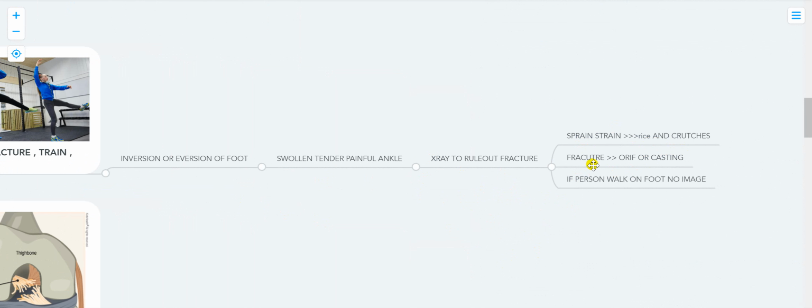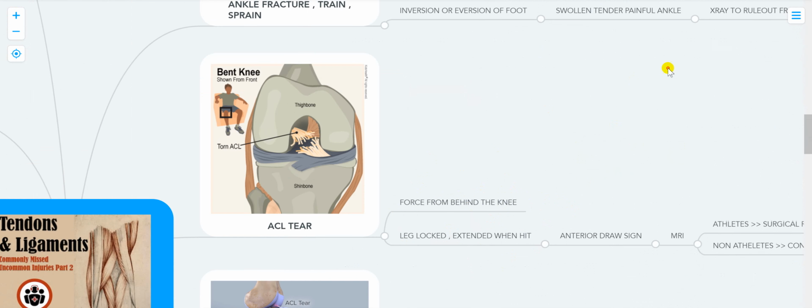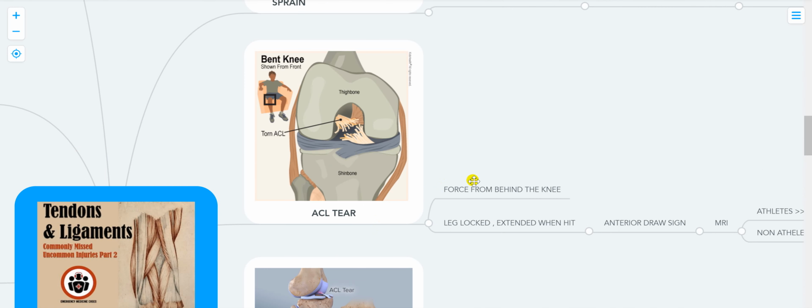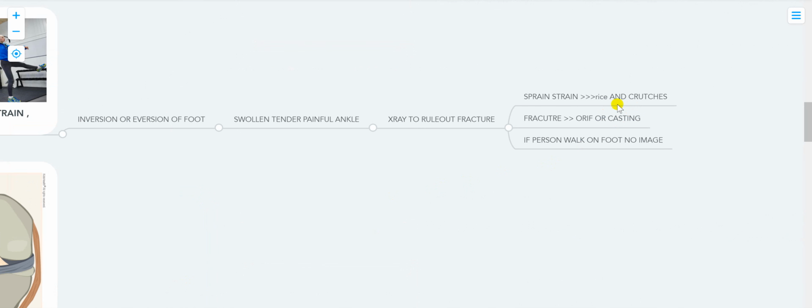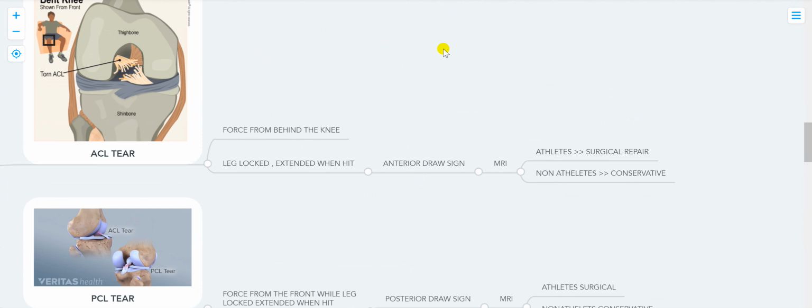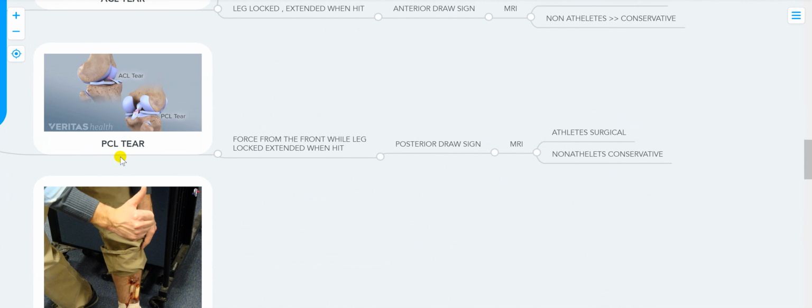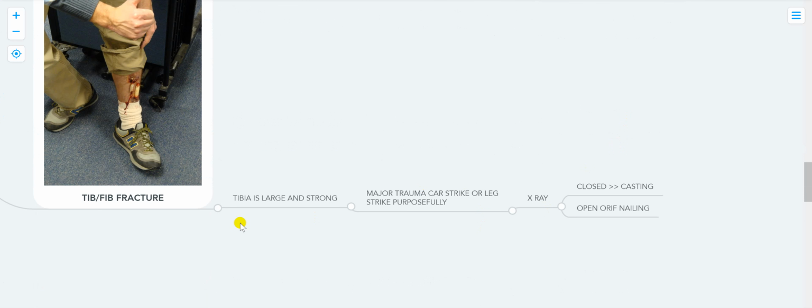If it's a fracture, you do ORIF. RICE is rest, ice, compression, elevation; ORIF is open reduction, internal fixation. ACL tear, force from behind, usually MRI, surgical repair if athlete, conservative if not athlete. PCL, force from front, MRI, same thing, surgical if athlete, conservative if not.